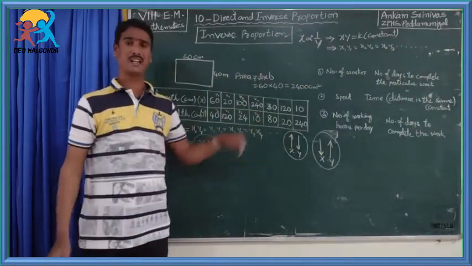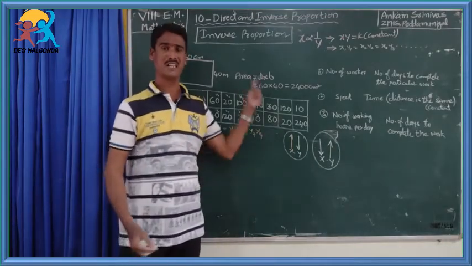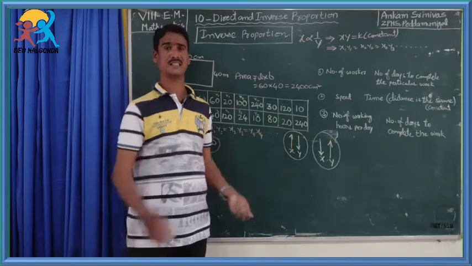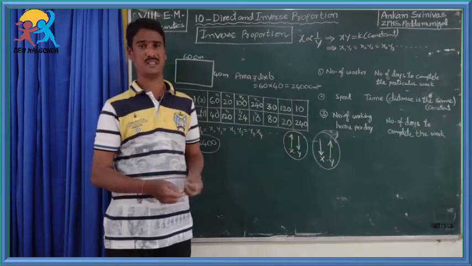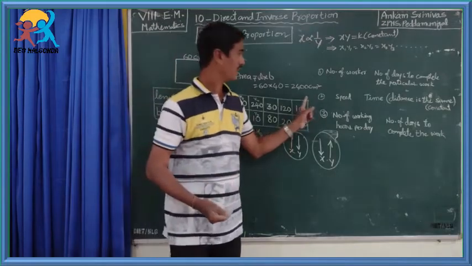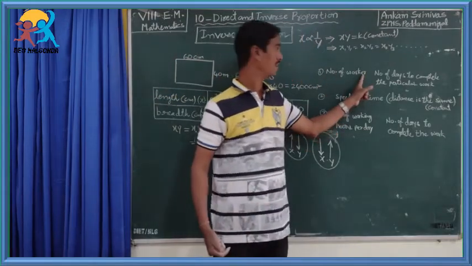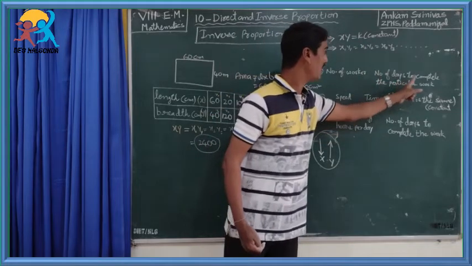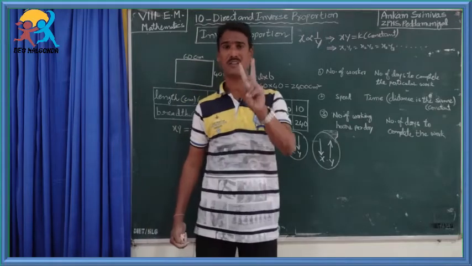Now in day-to-day life we can give some more examples of inverse proportion. Let's think which two quantities are in inverse proportion. I am taking one example: number of workers and number of days to complete a particular work. I am taking two quantities.